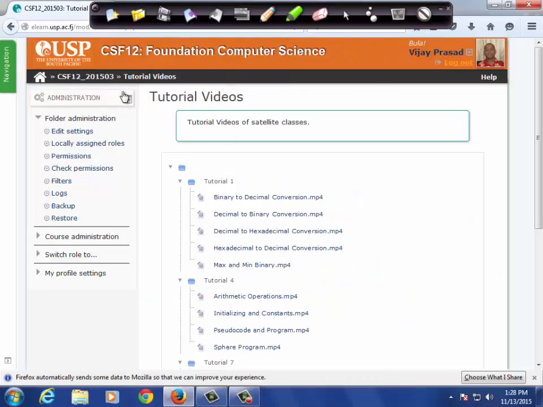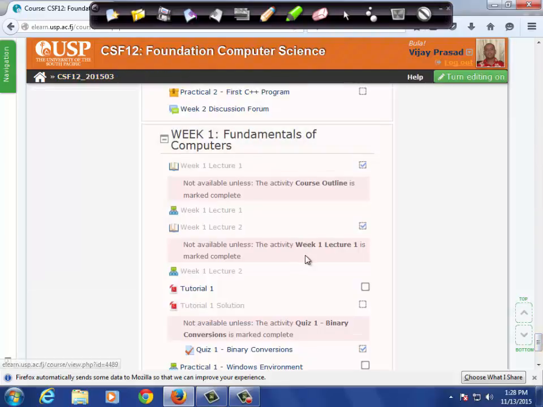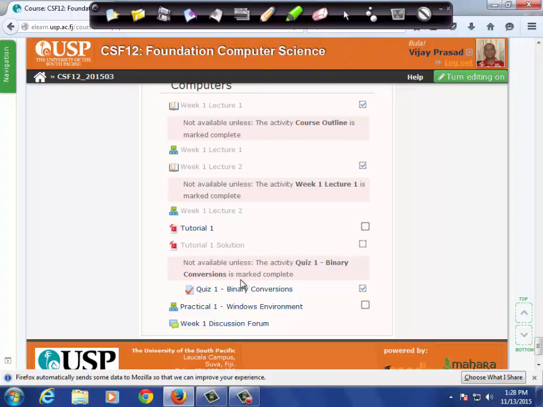Okay, I'll show you how I'm assessing these particular videos. These videos are assessed in both formative and summative ways. In this particular case, these conversions are assessed in the form of the binary quizzes, as well as the MST paper. Under fundamentals of computers, the students have quiz one, which says binary conversion.